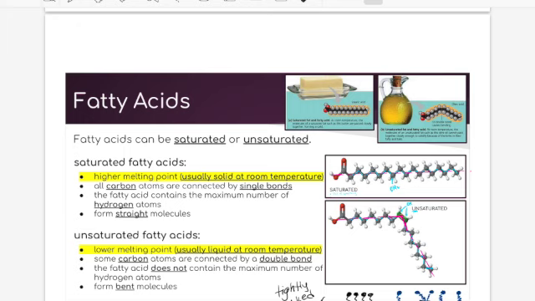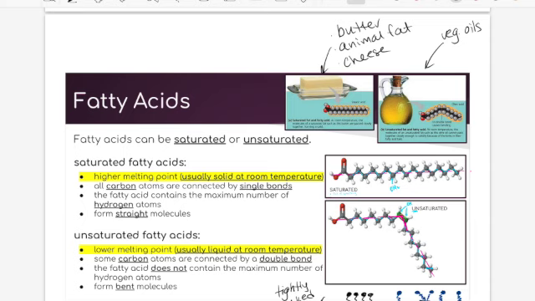So things like animal fat, things like butter, things like cheese, those are all high in saturated fatty acids because they are typically solid at room temperature. Whereas oils like vegetable oils are typically liquid at room temperature.